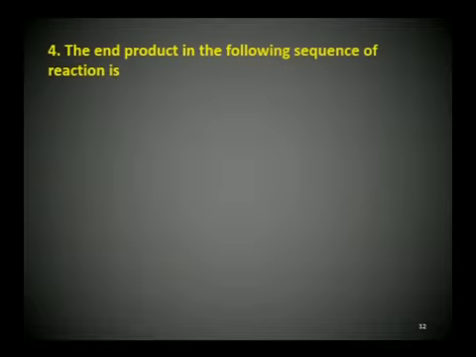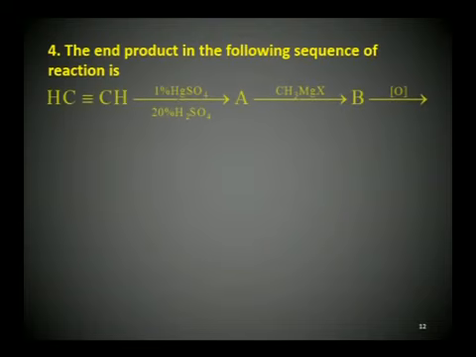Fourth question, the end product in the following sequence of reaction is, they had given a reaction here starting with acetylene with 1% of HgSO4, 20% of H2SO4, which produces A. A is reacting with methyl magnesium halide, which is called as Grignard reagent, to produce B. B is oxidized such that we are getting a product.